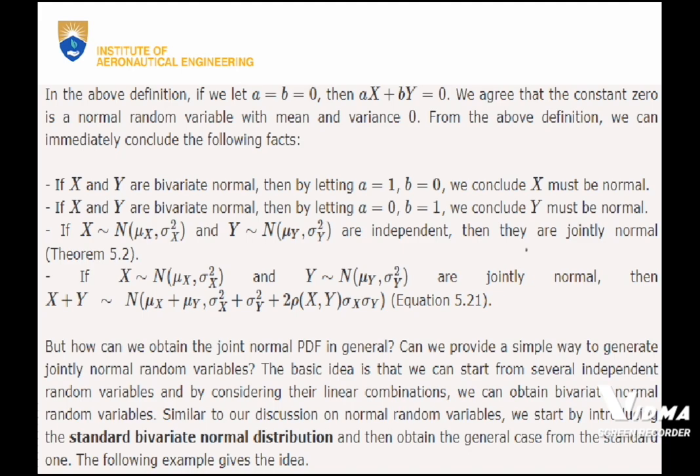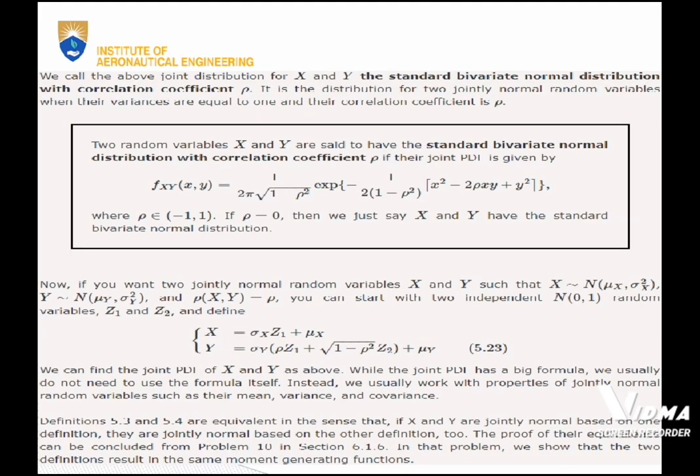The basic idea is that we can start from several independent random variables, and by considering their linear combinations, we can obtain bivariate normal random variables, similar to our construction of normal random variables. We start by introducing the standard bivariate normal distribution and then obtain the general case from the standard one. The following example gives the idea.